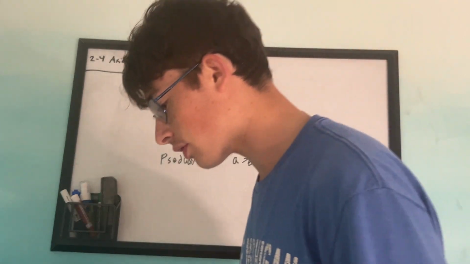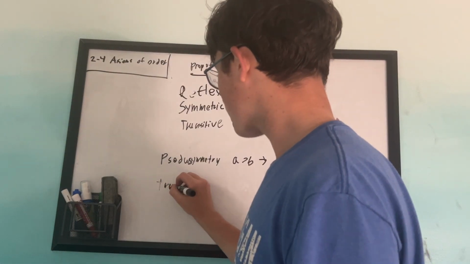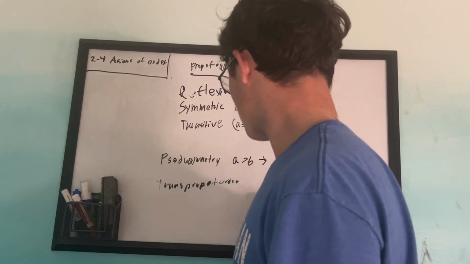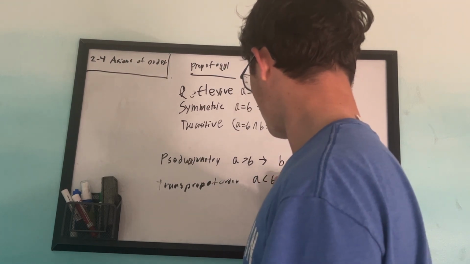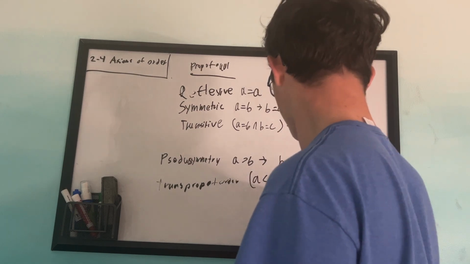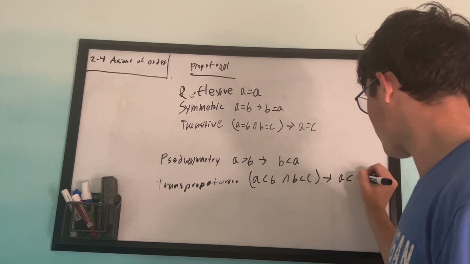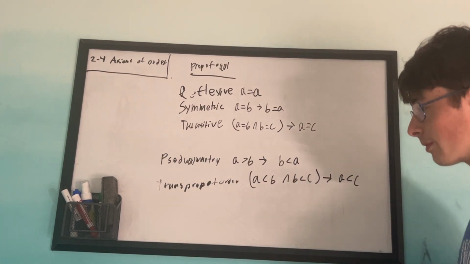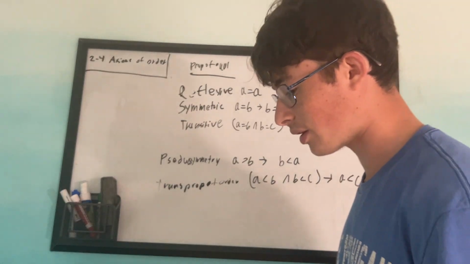Then we also have the transitive property of order, which states if A is less than B and B is less than C, then we have A is less than C, which is basically the exact same thing as this, except all we did was sub in one of our inequality signs.